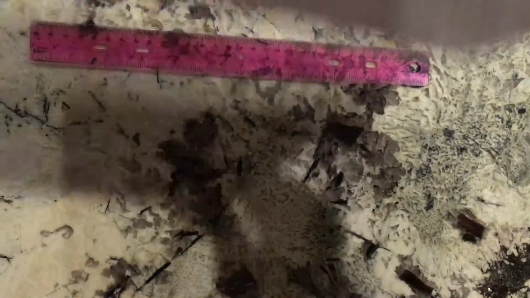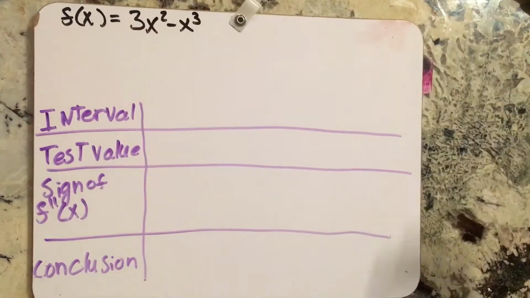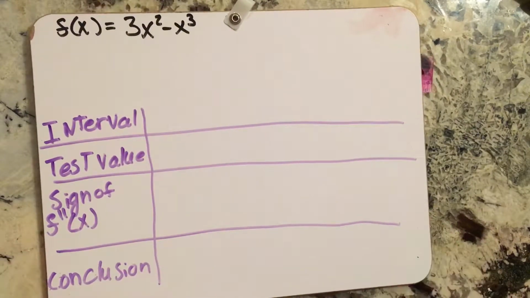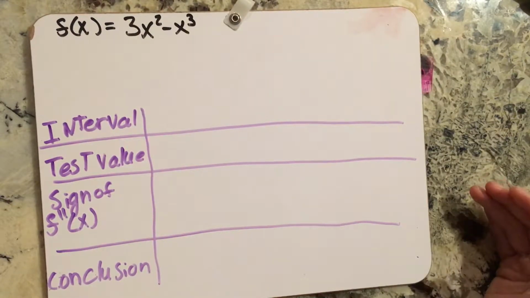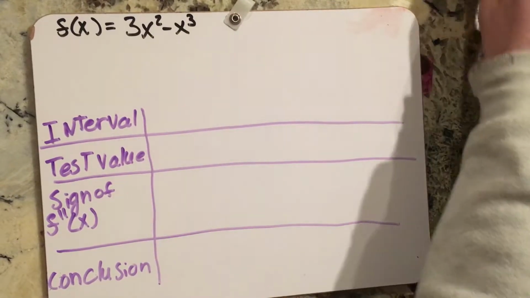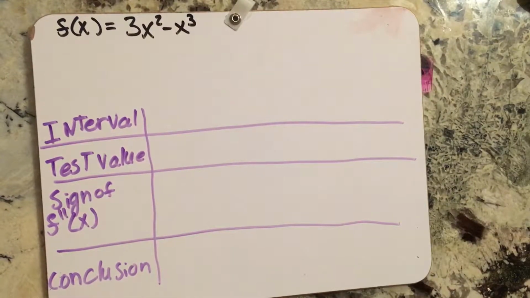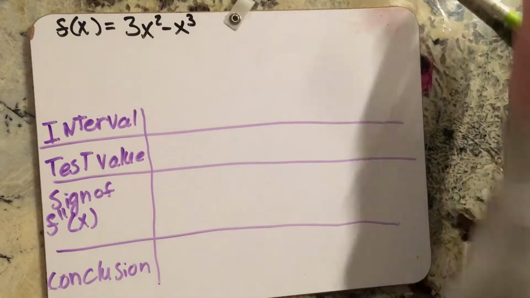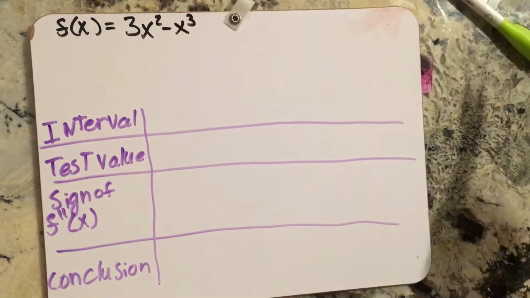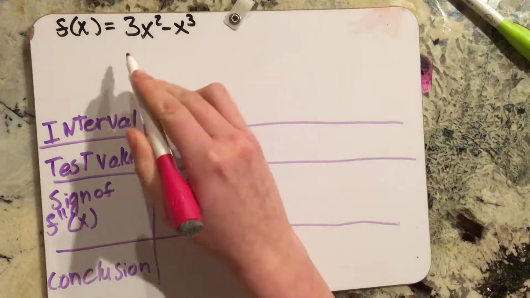If you've seen some of my other videos with the first derivative test determining increasing and decreasing functions, this is a lot of the same idea. What you're going to do first is take the first and second derivative of this equation.